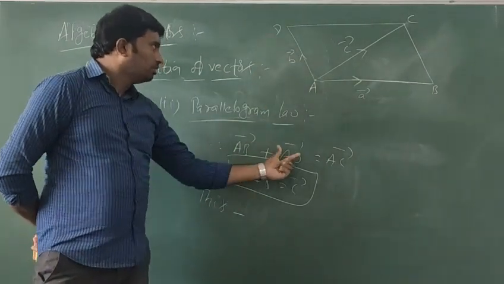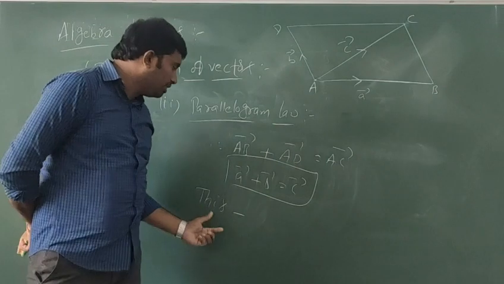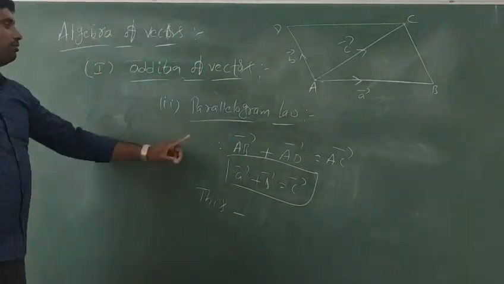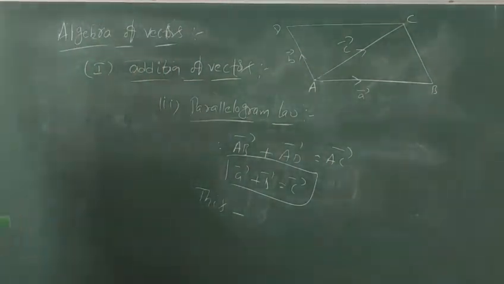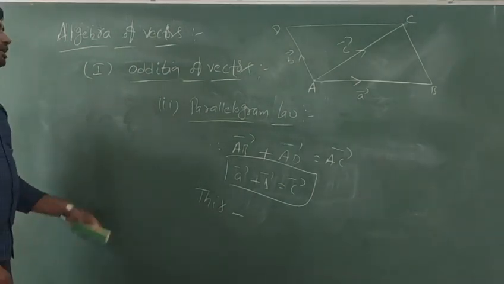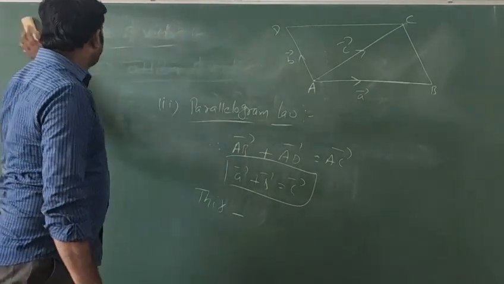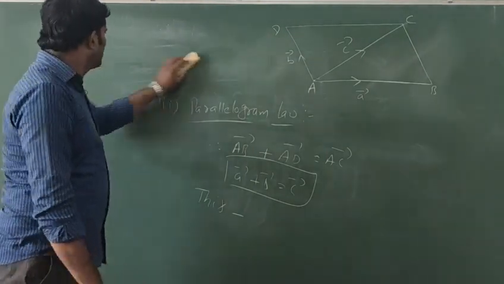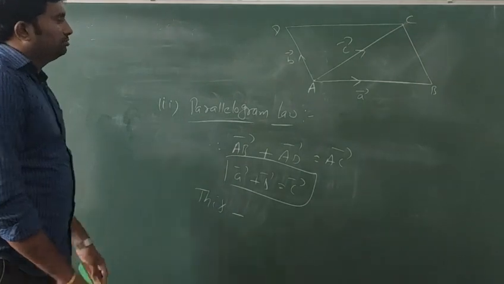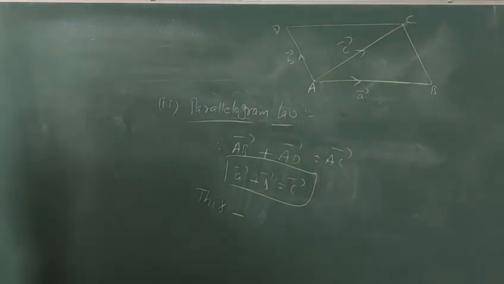This is a bar and this is b bar, equal to the resultant c bar. This is known as the parallelogram law of addition of vectors. Write it clearly.